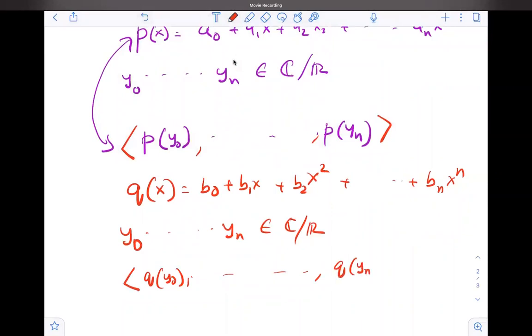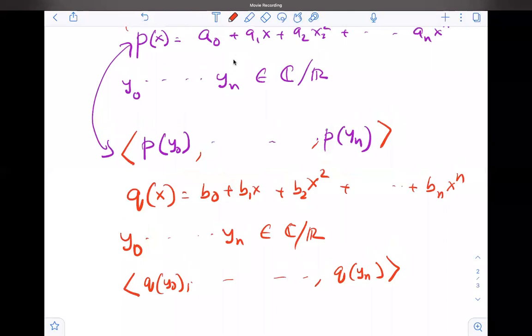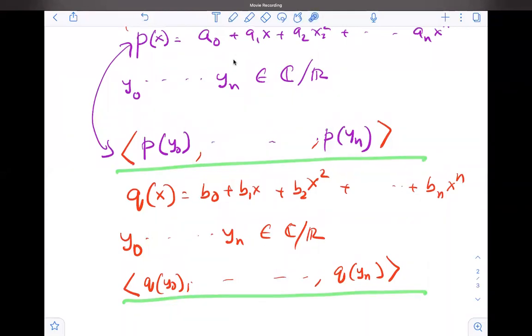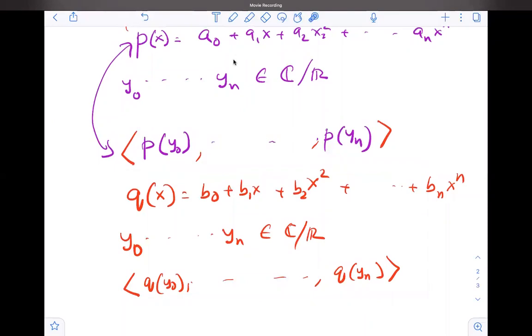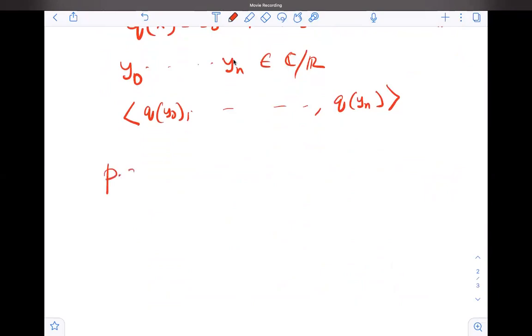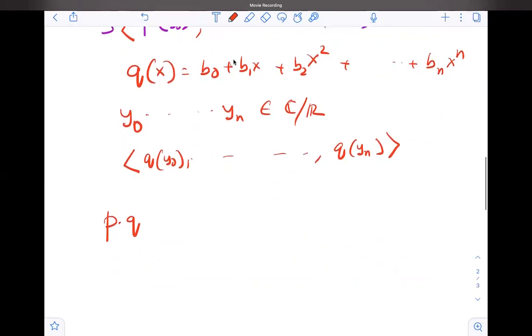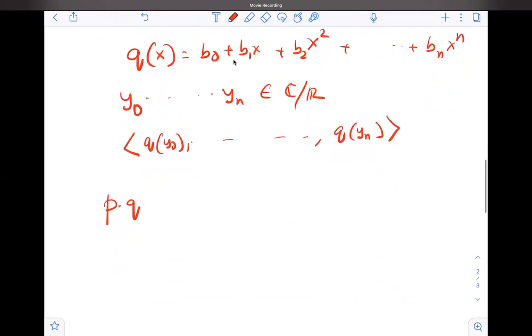So you have been given this input, and if this was the input in which it was given, then what would we have got for p times q? P of y naught times q of y naught.